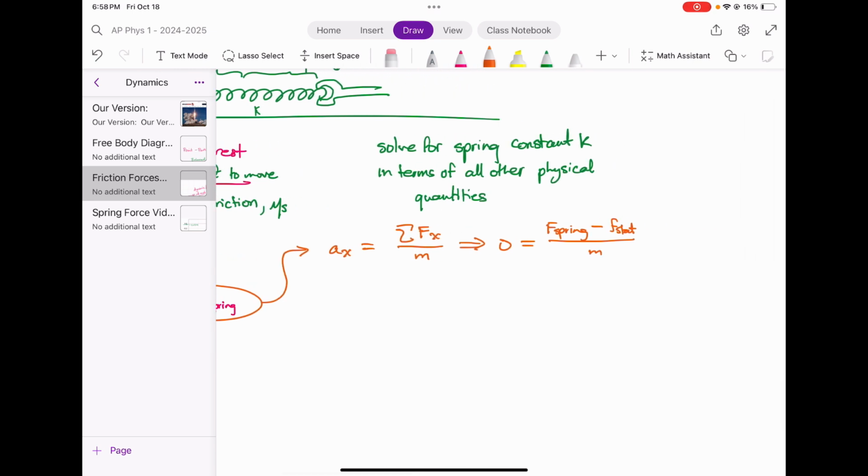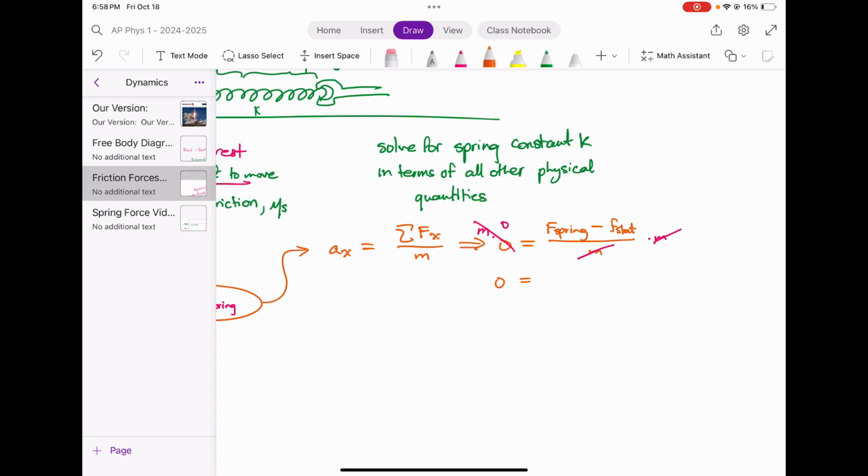Okay, we know that mu s is going to show up there, so how about we keep going with this equation? Well, the force of the spring is going to be K times delta x, right? In fact, let's do one quick thing to make this even simpler. Multiply by m on both sides. Get rid of that. This turns into 0 anyway.